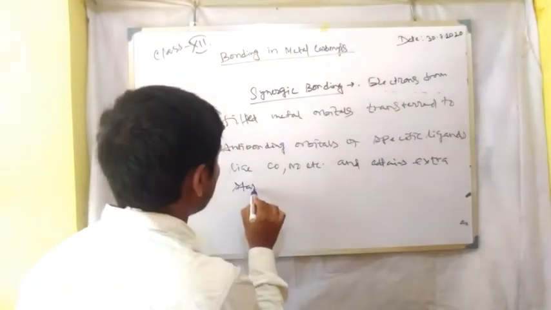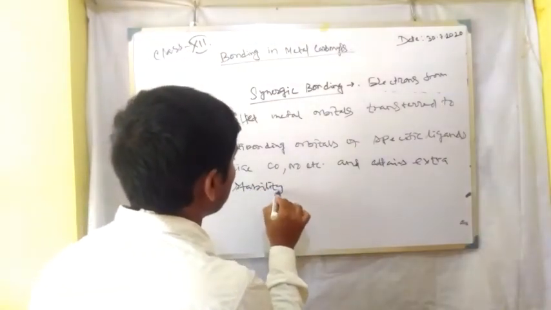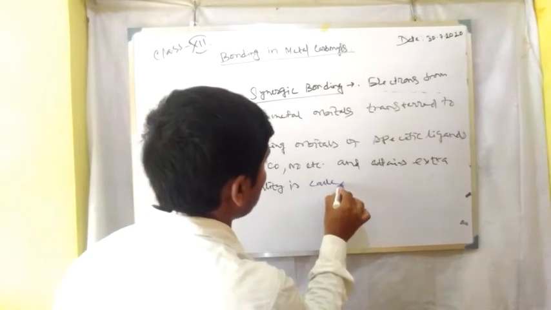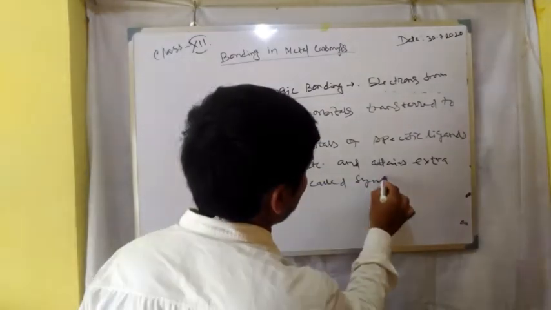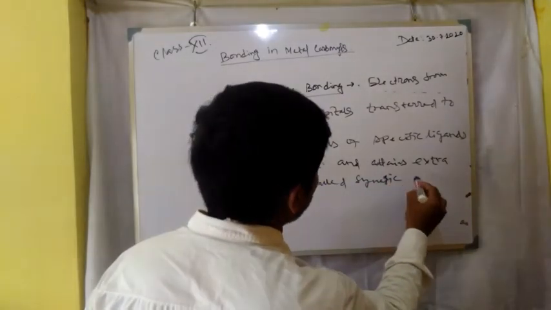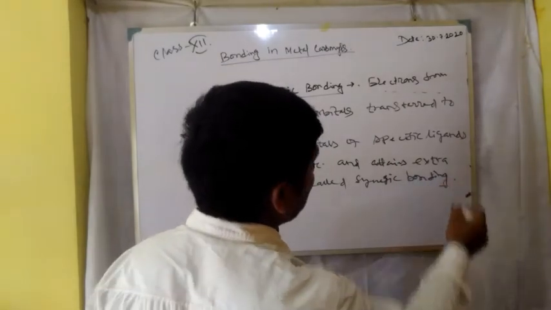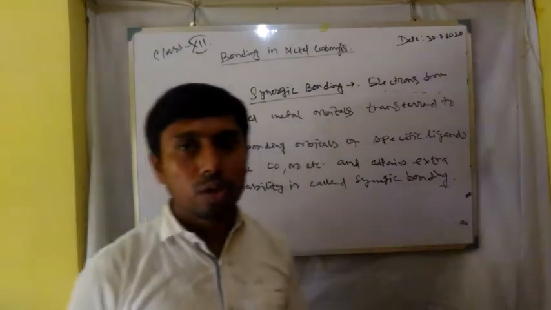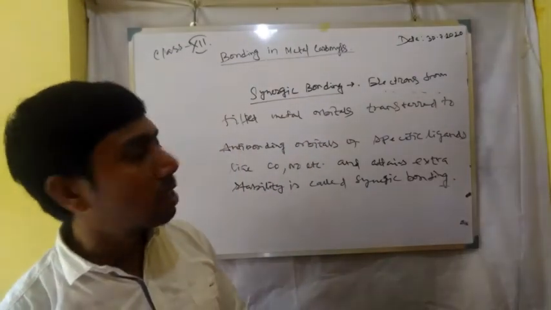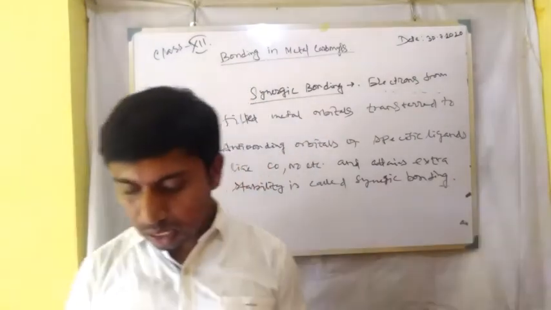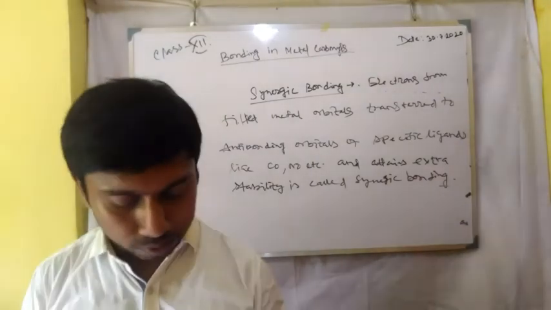This extra stability is called synergic bonding. So it is a different type of bonding, and this is a new concept. So this is about the synergic bonding in the metal carbonyl bond.